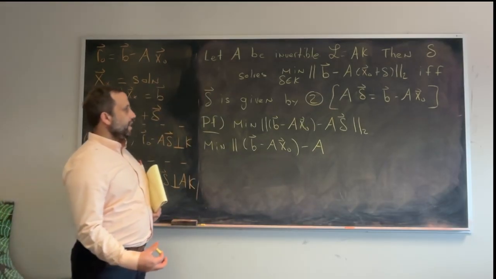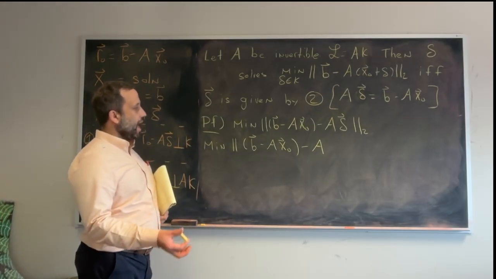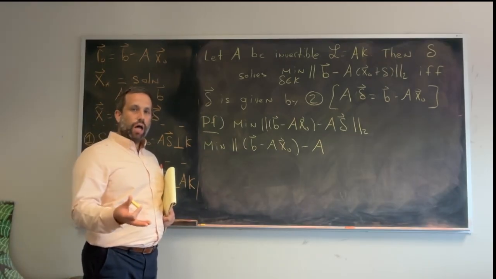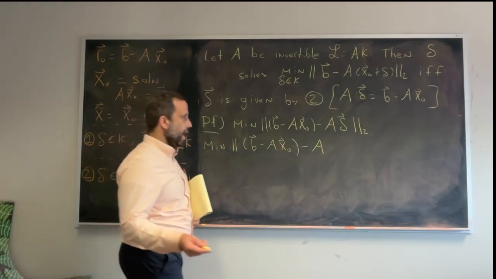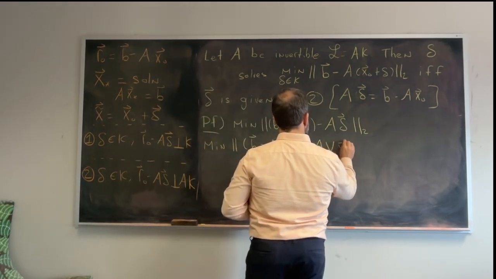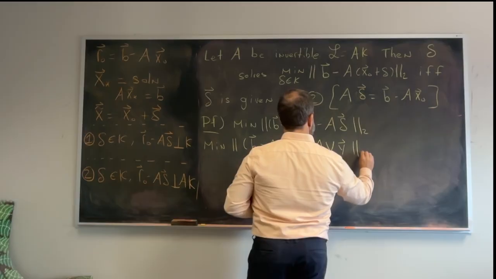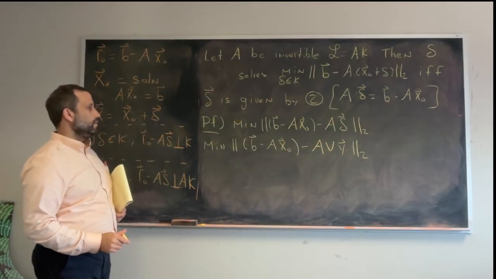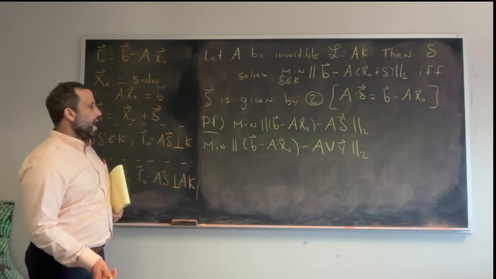Well, delta is any vector in K. Let's say we have a matrix V whose columns are a basis for K. And I can write this as V times Y.